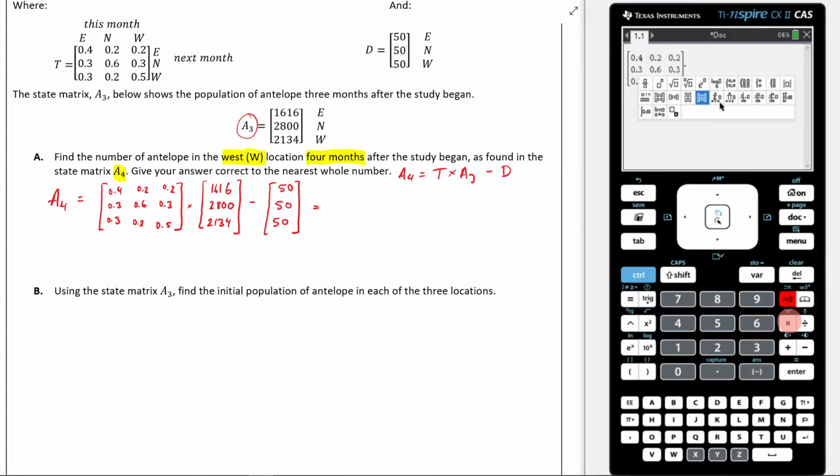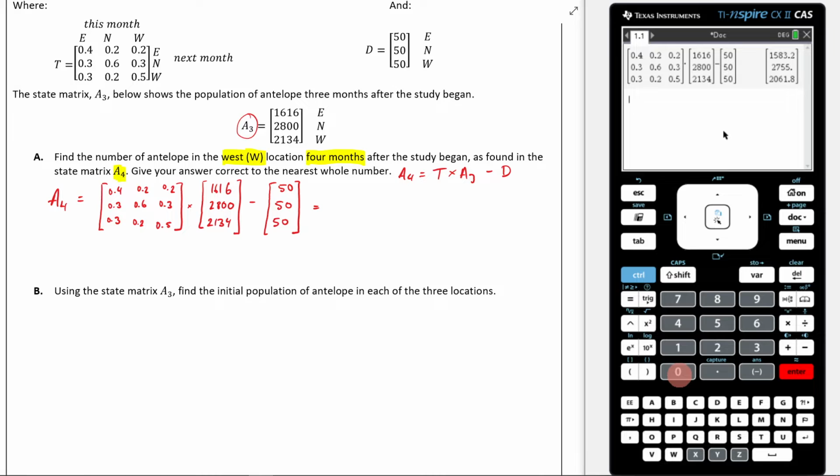Then I'm going to multiply it by a 3x1 matrix. So this is going to be 1616, 2800, 2134. Then I'm going to subtract from that another 3x1 matrix, this is 50, 50, 50. Perfect. And then I hit enter, and those are going to be my answers right there.